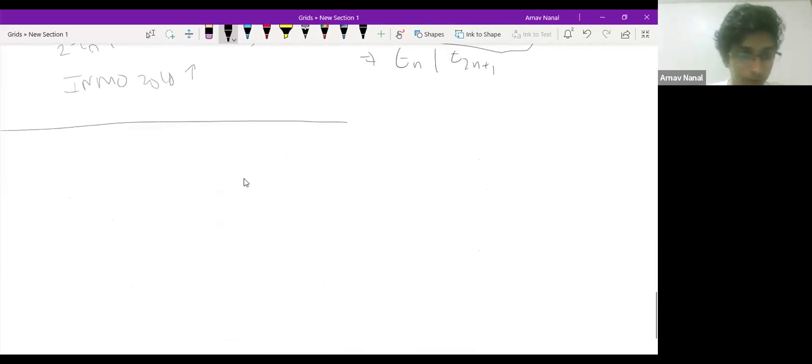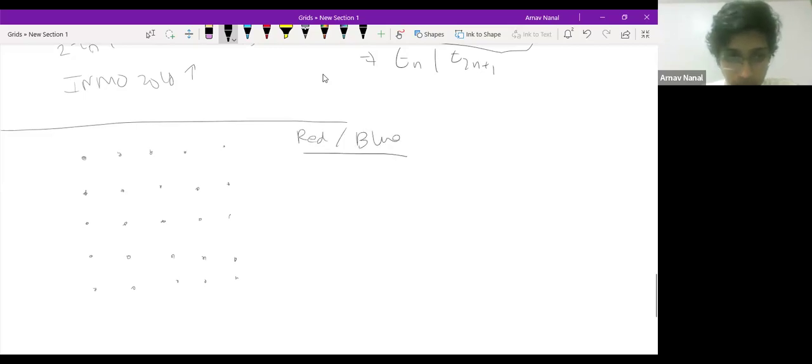Okay, so the next question is: there is a 5 by 5 grid of points. Are these 5? 1, 2, 3. Okay, yes. And each of these points is colored using either red or blue.